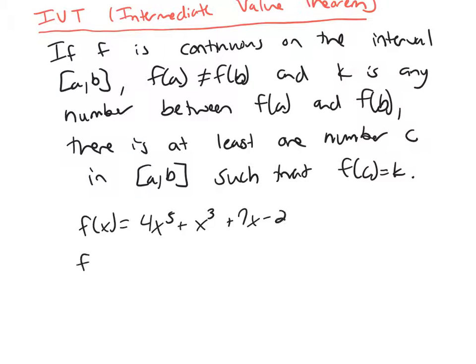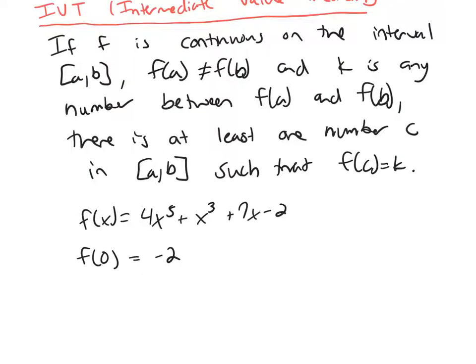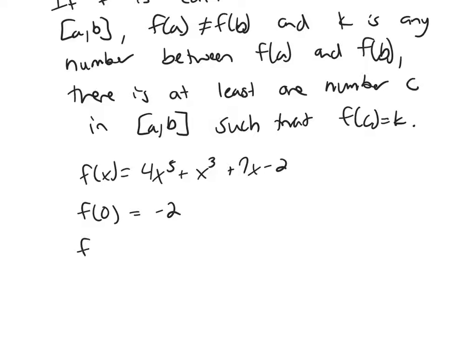If I plug in 0 into my function, I get -2. And if I plug in 1, you're going to get 4 plus 1 plus 7 minus 2, which is 10. So here, f of 0 is not equal to f of 1.